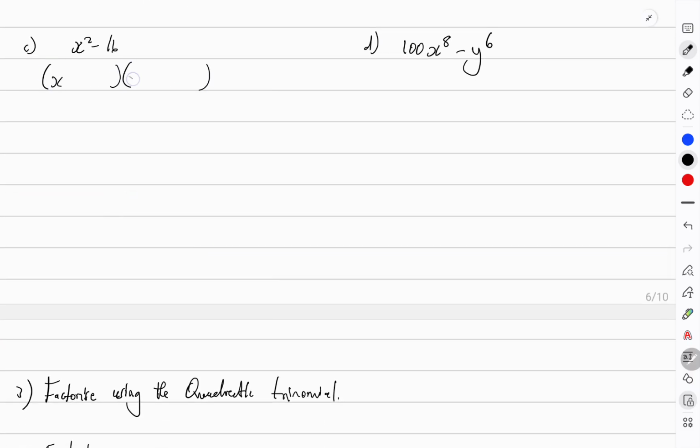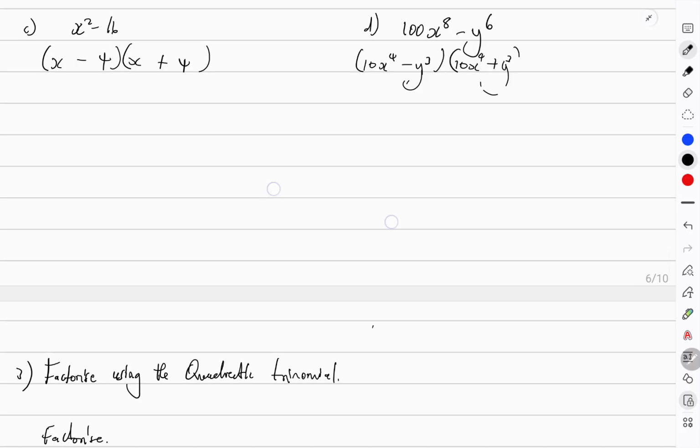I'm going to have an x, a minus, a plus. Therefore, I'm going to have a 4, right? Two brackets as well. I'm going to have a 10, an x to the power of 4, a minus, a plus, a y, a 3. That is what I'm going to have, right?